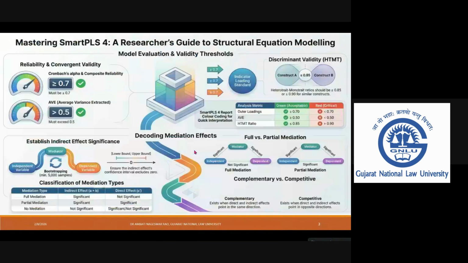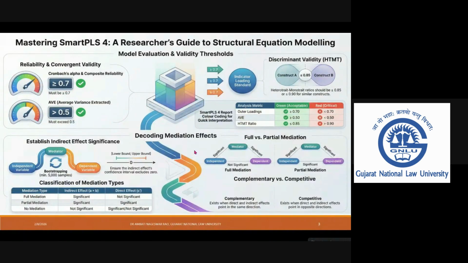Now, as we have mentioned, if you want to conduct a mediation analysis or a moderation analysis, you need to understand the constructs. For example, if you have 4 constructs, 5 constructs, whatever the number of constructs may be, if you want to look at the mediation or the moderation, we should complete the measurement model.